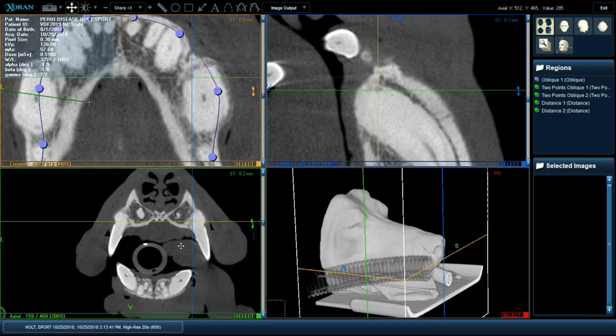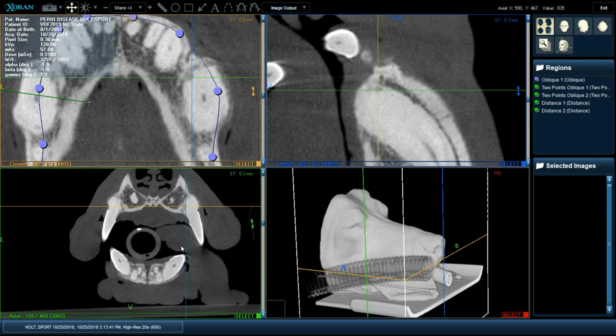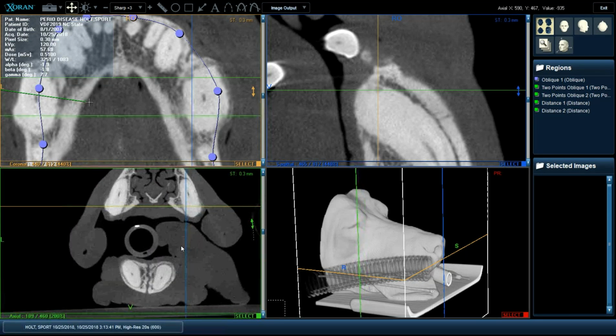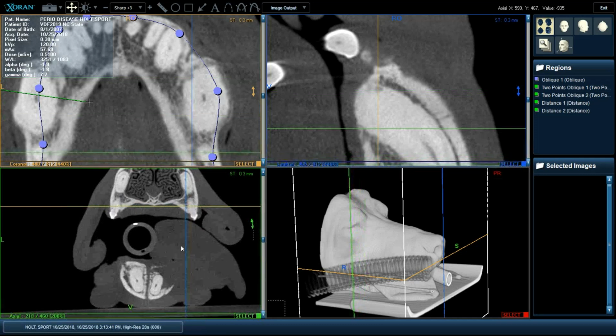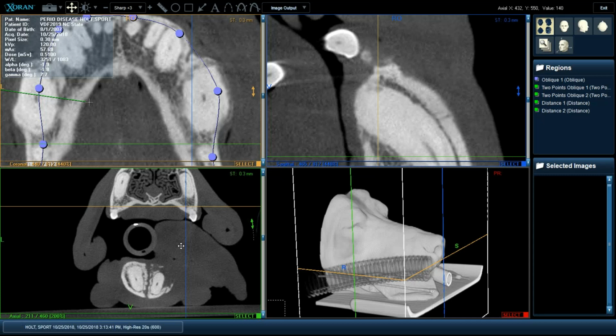Let's go back to our scrolling from the front to the back. And with a little bit of habit, those sort of lesions jump at you more easily. Of course, we see here significant bone loss. This is buccal, this is the suture. We do see that there is significant bone loss in this area.